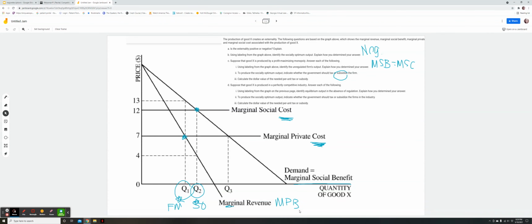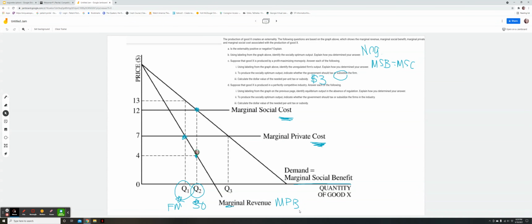Now calculate the dollar value of the needed per unit tax or subsidy. Now, this was tricky to me. The answer is $3. That is the answer that they have, and let me explain why. If we look at the quantity 2, that's where we want them to be. At a quantity of 2, the cost to the firm is $4.